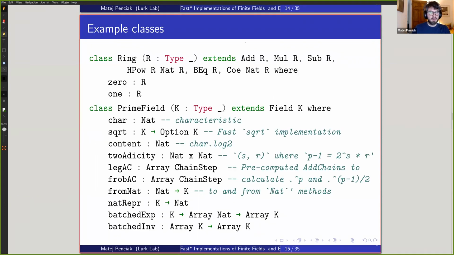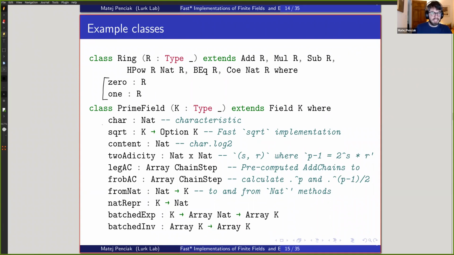Here are some examples of the type classes that we've implemented. Ring is exactly what you would expect. It has add, mul, sub, powers, Boolean equality, etc., and also two distinguished elements, 0 and 1. Prime field extends field, and it has a bunch of additional properties.